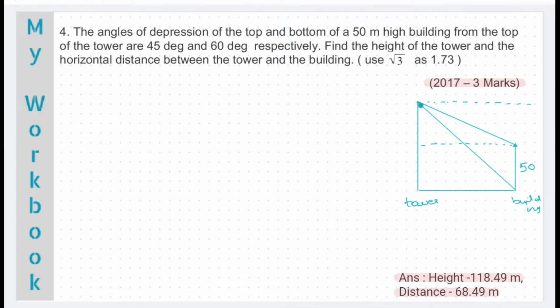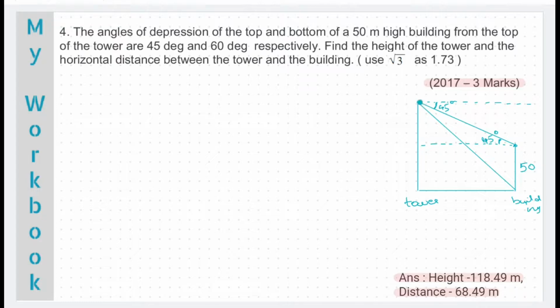So from the top of the tower, the angle of depression of top of the building is 45 degrees. So this angle is 45 degrees. Because these are parallel lines, alternate angle will be equal. So we can mark this angle to be 45 degrees.